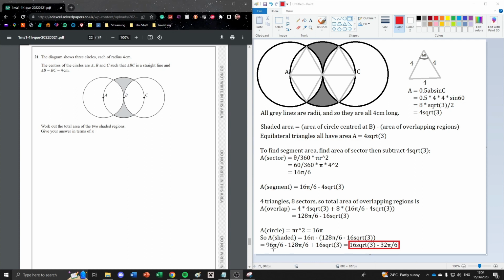So we get 96 pi divided by 6, that's a rewriting of 16 pi, minus 128 pi divided by 6, plus 16 square root 3. 96 minus 128 is minus 32, so we have 16 square root 3 minus 32 pi on 6, and that is in terms of pi, as was asked. If you look at this numerically, the answer is about 10 square centimeters.